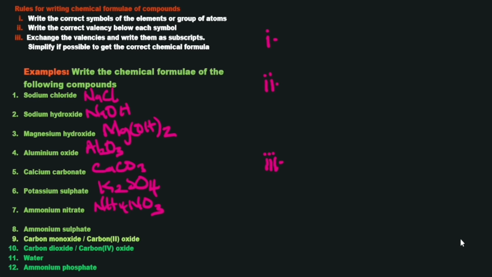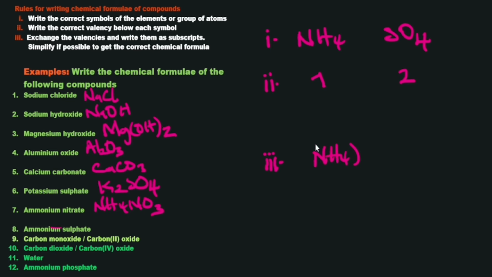Now the next compound is ammonium sulfate. So in ammonium sulfate, we know that ammonium is NH4, and sulfate is SO4. Without wasting time, we have already seen that the valency of ammonium is 1 and that of sulfate is 2. So before interchanging or exchanging the valencies, we bring down the symbols.